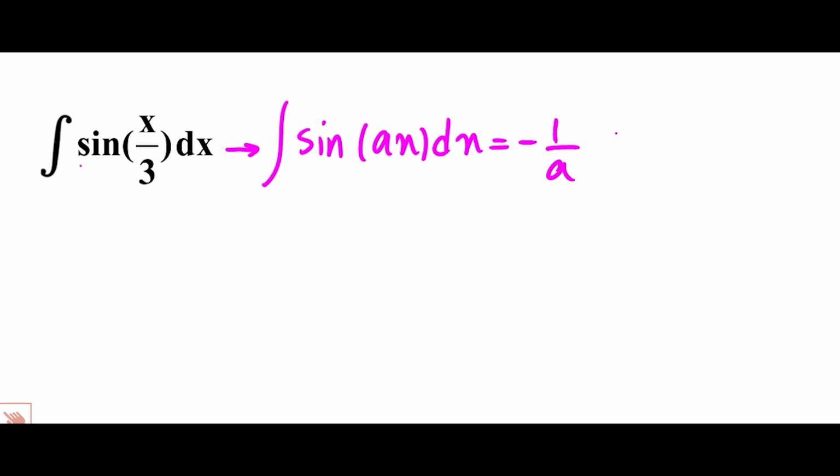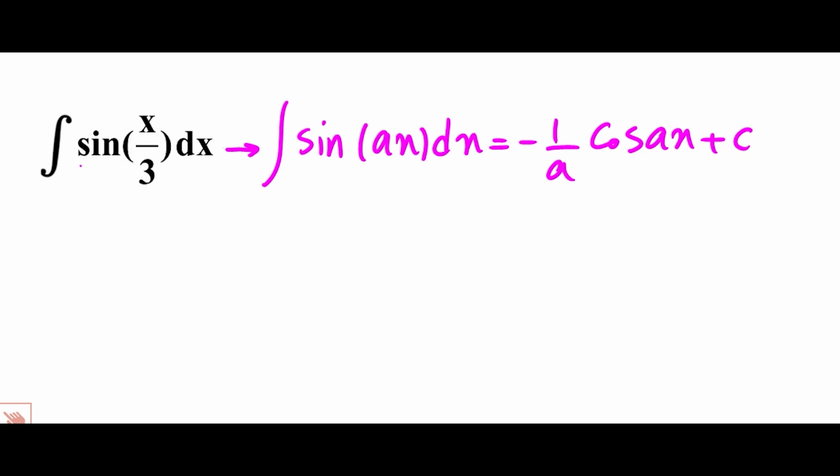Number 1. The integral of sine of x over 3 dx. As you know, the integral of sine of ax dx equals negative 1 over a cosine of ax plus c. So in this problem, a equals 1 over 3.